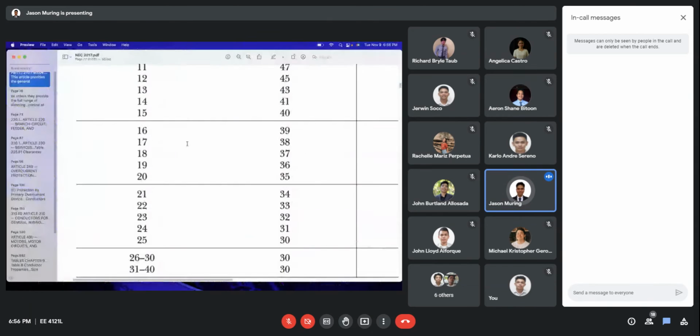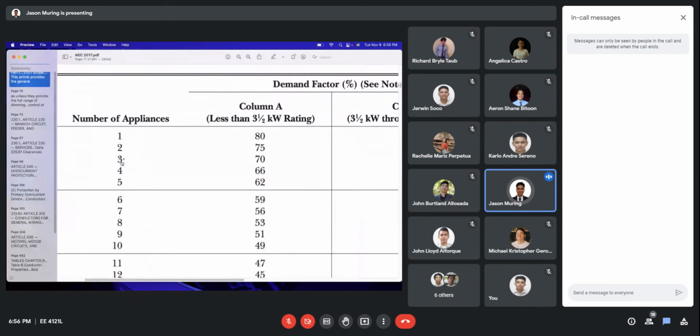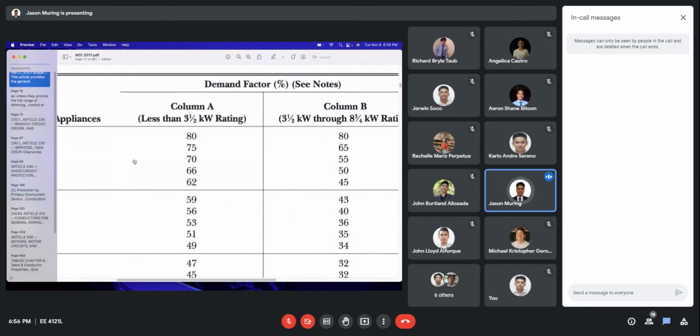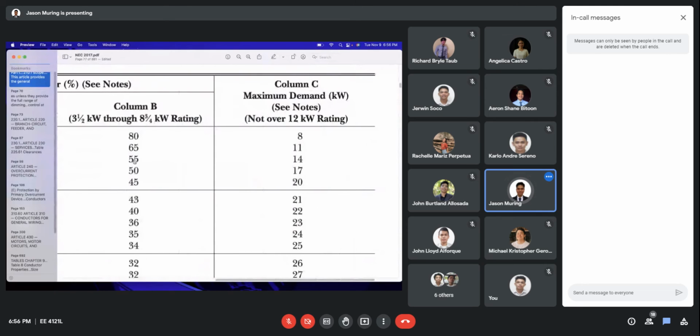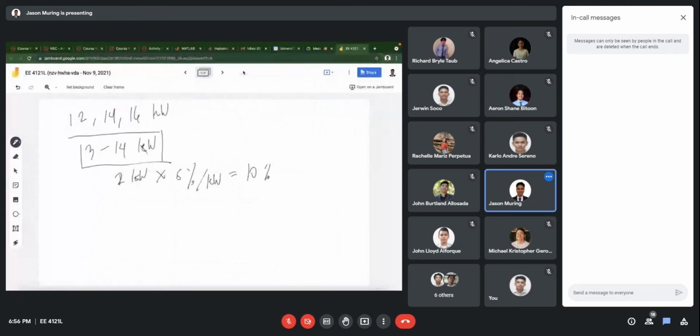There are three, so I look at this value, 3, and it exceeds 12, so I use 14 kilowatts based on the table.